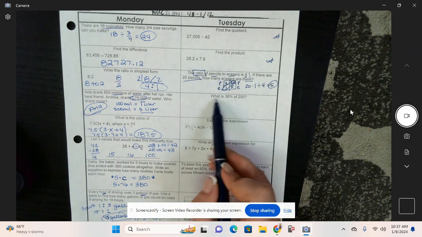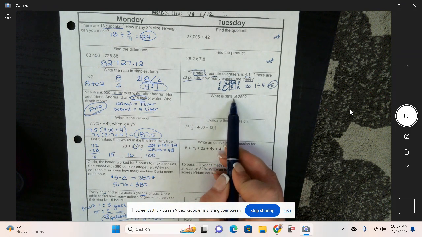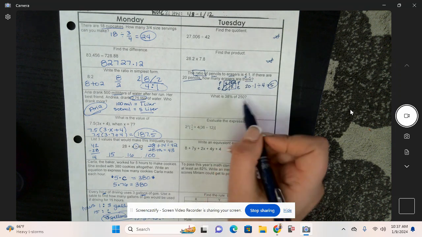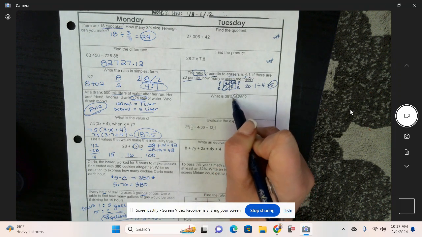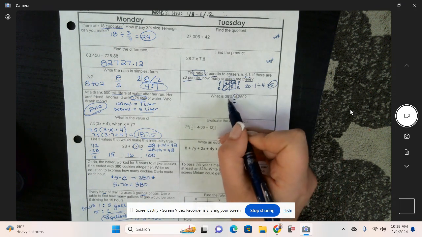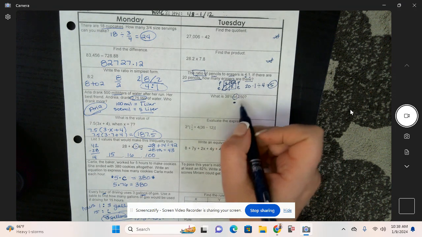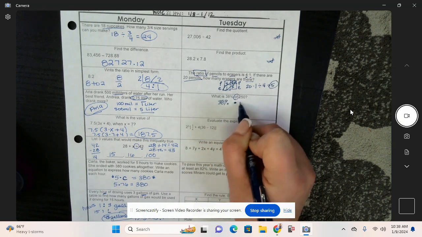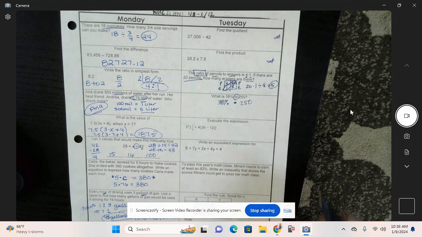All right, here we have what is 38% of 250. Well, if you remember correctly, of is a keyword for multiplication. So really, I can put this straight into my calculator, 38% times 250.